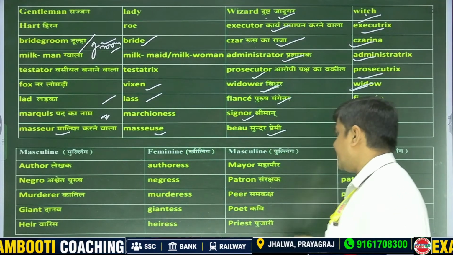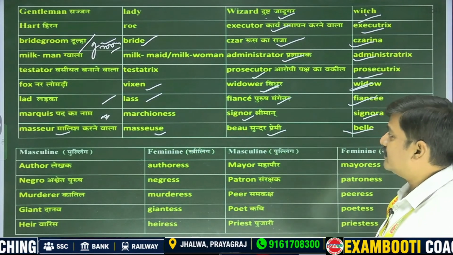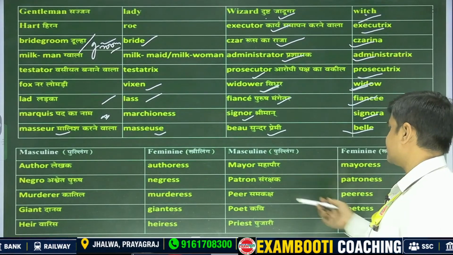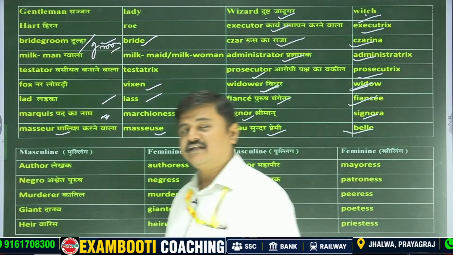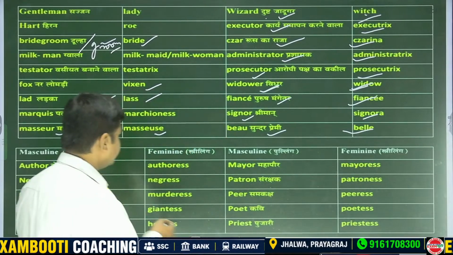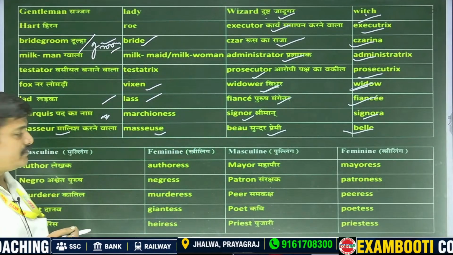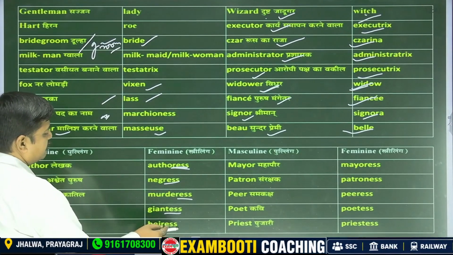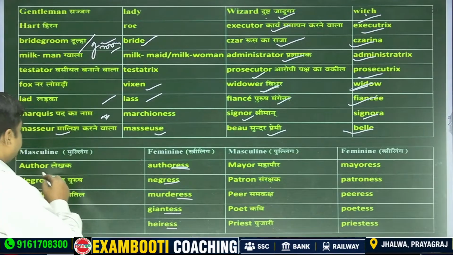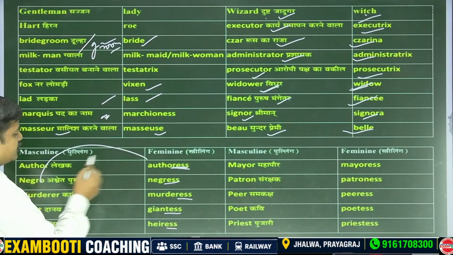And if you see in these words here, author, authoress, mayor, mayoress, patron, patroness, all these words are very easy to understand in the second and the last list of masculine gender and feminine gender, because you will find a pattern here, and the pattern is very clear in all the masculine gender words.